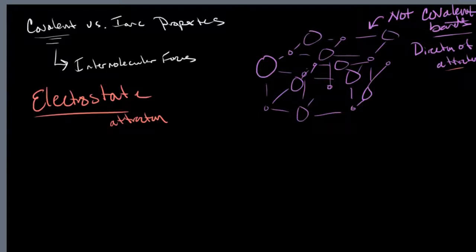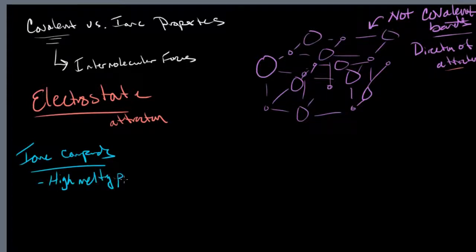Ionic compounds therefore have high melting points. Because there is a transfer of electrons, the ions, when you put them in, say, water, will dissolve and get attracted to the high polarity of the water molecule.